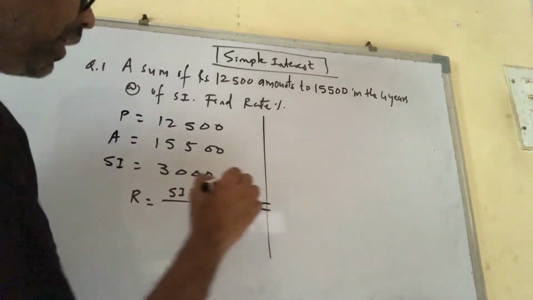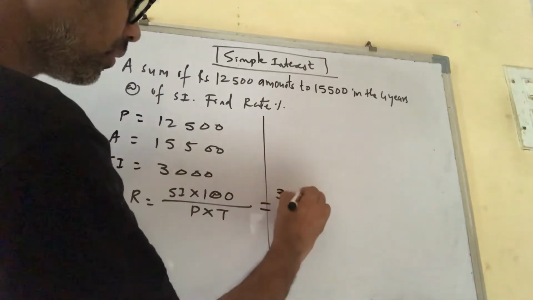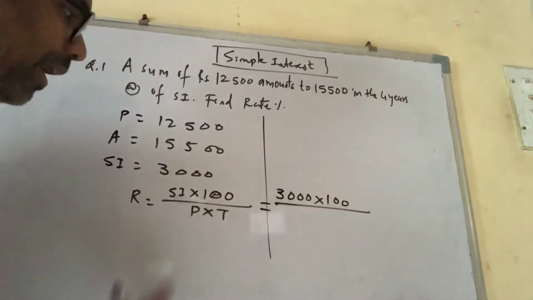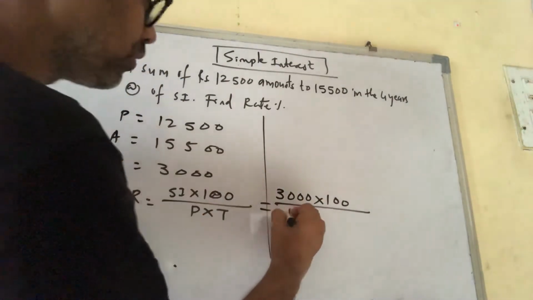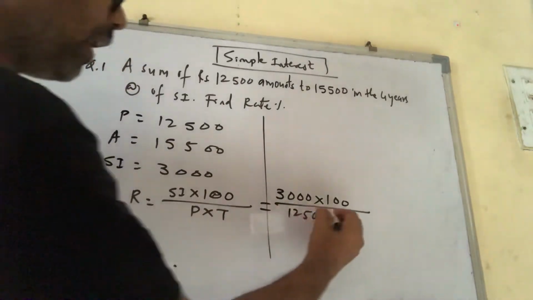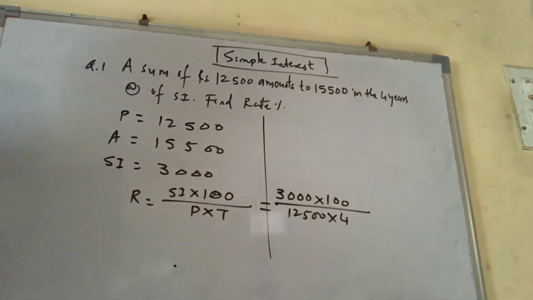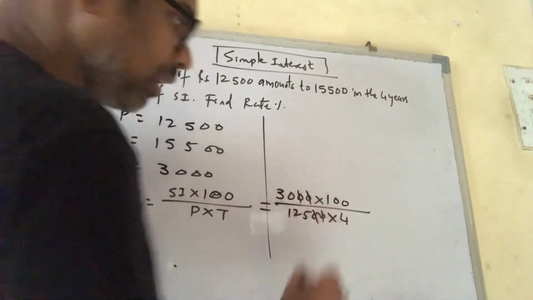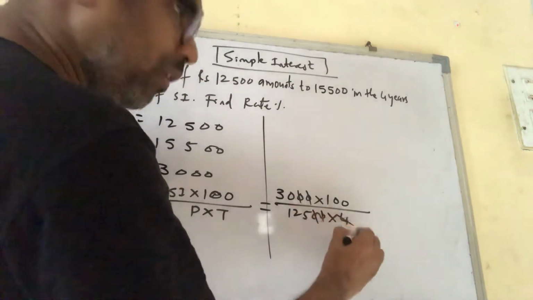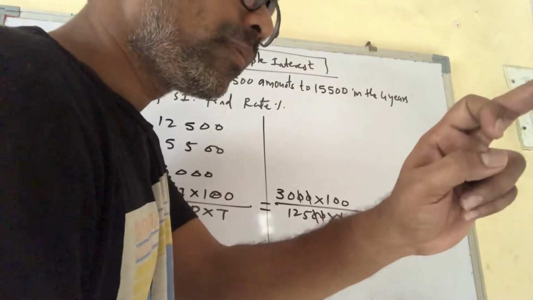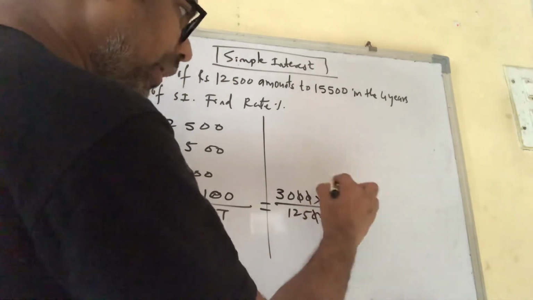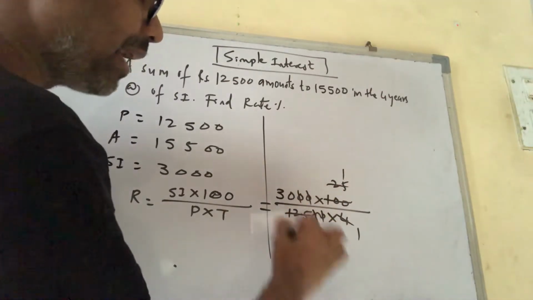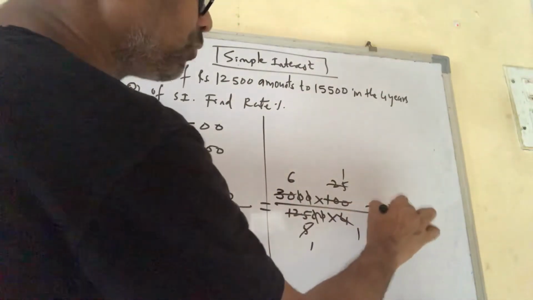The answer: simple interest is 3,000 into 100 divide principal, we have 12,500, and into time, the time we have 4 years. If you look here, this 20 will get cancelled, 4 ones are 4, 25, 25 5s are 125, 5 6s are 30, so the answer is nothing but 6%.